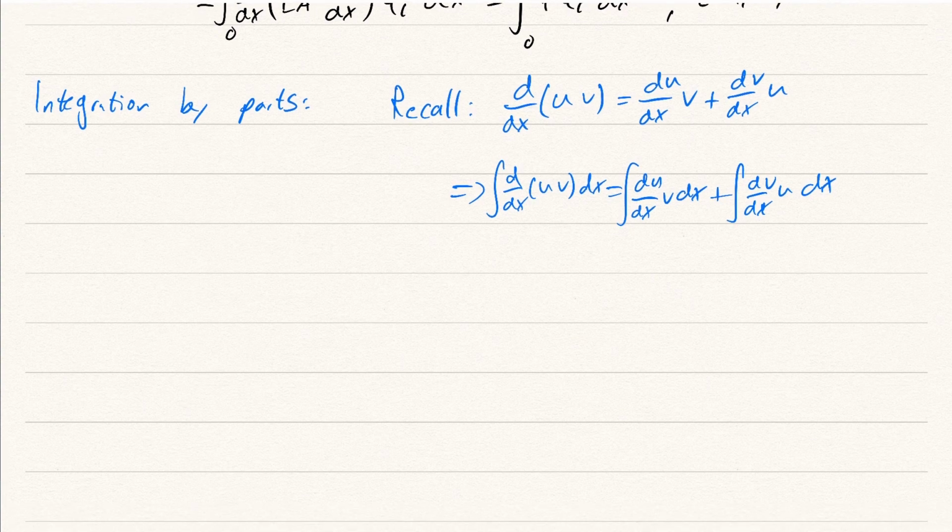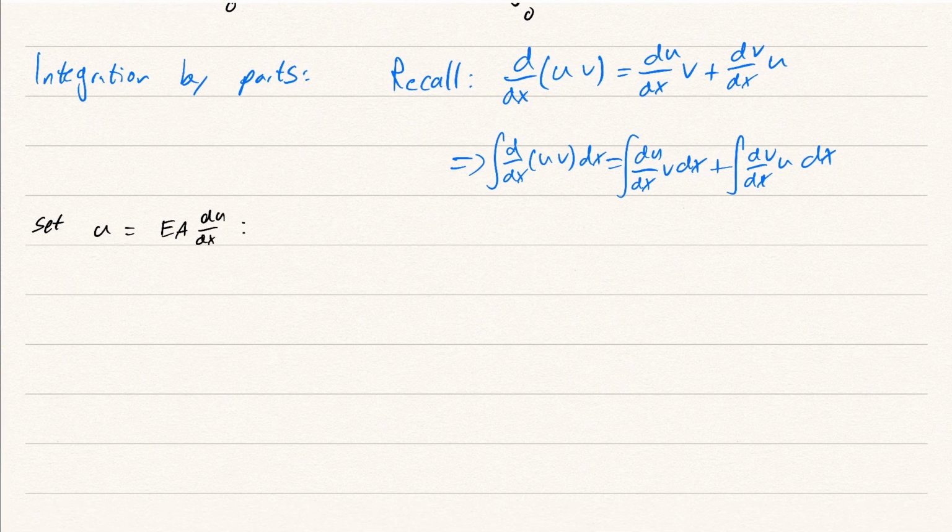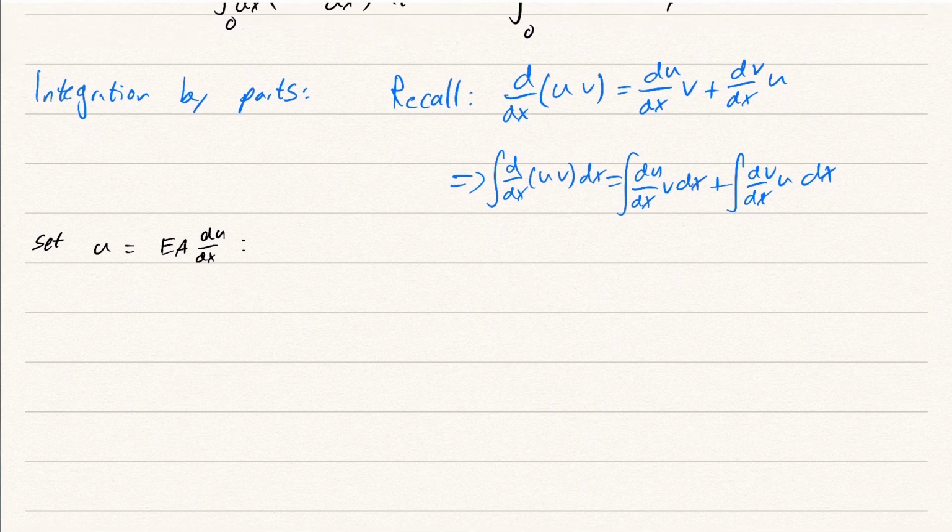Okay, so we make a variable substitution here just to make life easier. So this u here, we will use this recipe, and we're just going to replace this u by what we have here. So we're going to say, set u to be equal to EA du dx, and then just utilize this recipe. Okay, so let's start.